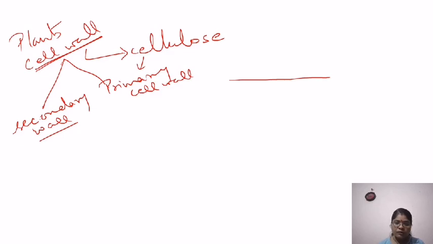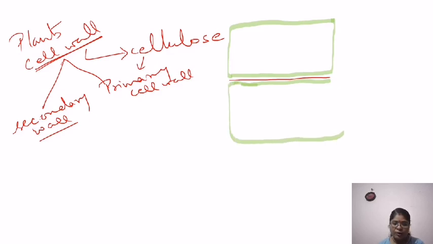This is your primary wall, which is flexible and becomes rigid later on.